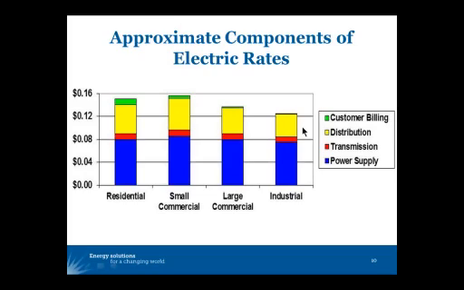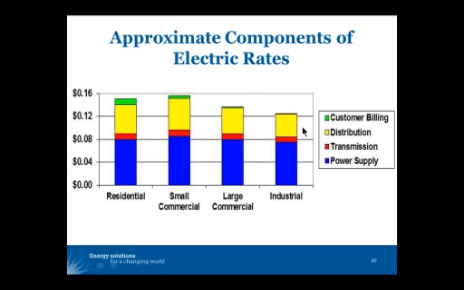They weren't three-shift operations that you would see in manufacturing or materials processing, an oil refinery or a smelter or something like that. In an oil refinery or a smelter, we would see those distribution costs be essentially zero, because they would be taking power at the transmission voltage level.